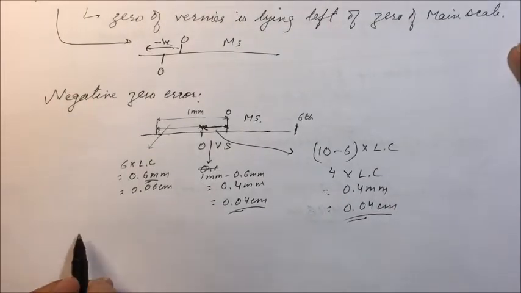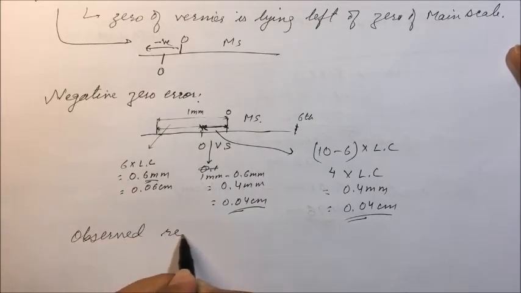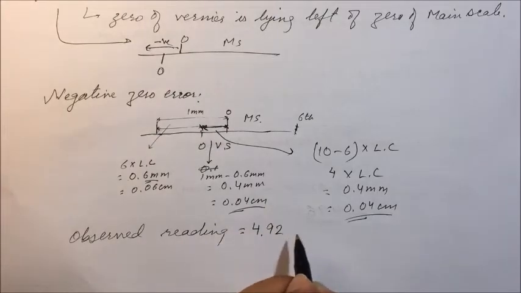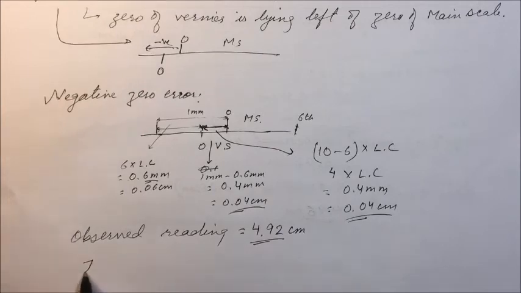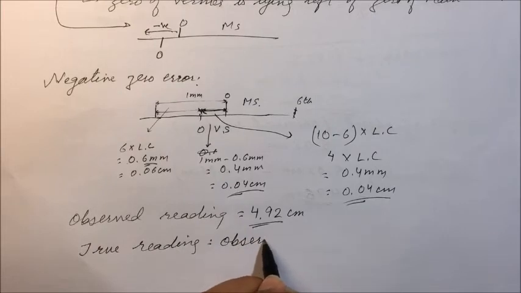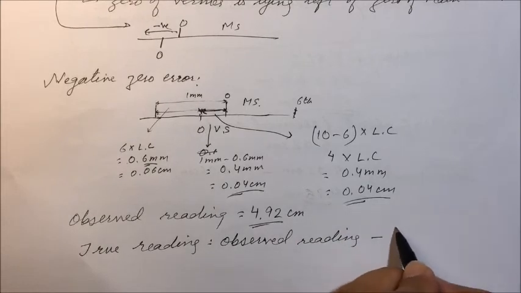So for example, this time the observed reading is 4.92 centimeter. True or correct reading equals mean observed reading minus zero error with sign.